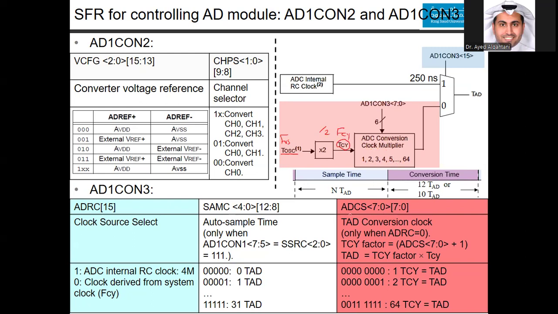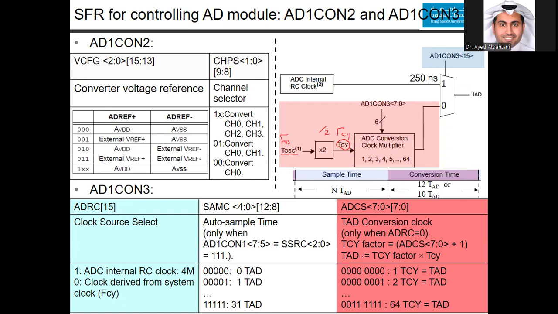Now for this one, the ADCS, you have the TAD conversion clock when the ADRC is equal to 0, meaning this choice. Now the TCY factor is the ADCS 0 to 7, which is this one, plus 1.